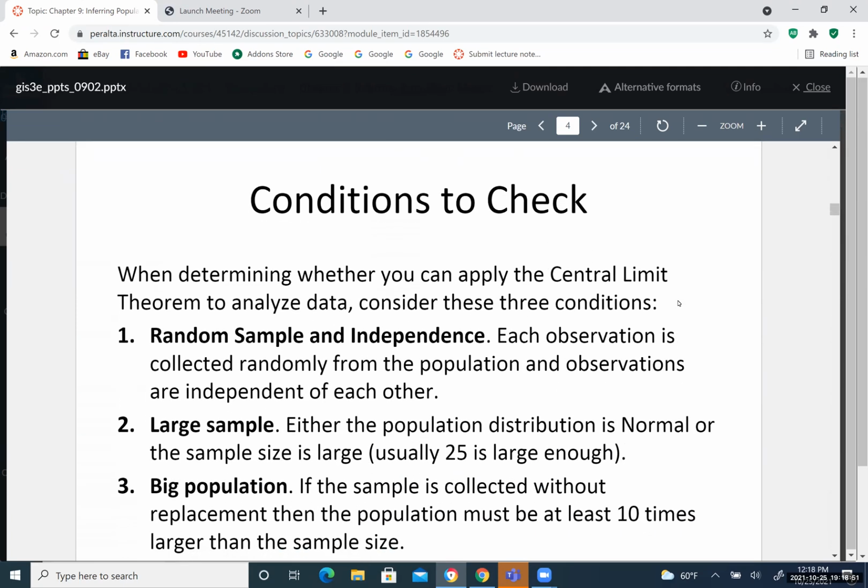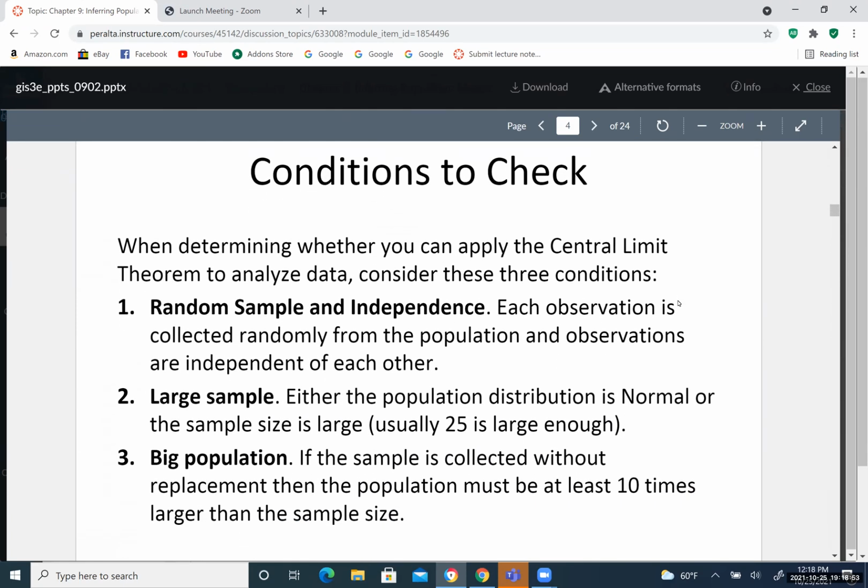Sometimes people will convert the normal distribution into what we call a standard normal distribution. It means you need to convert the population mean and the standard deviation somehow, and the z-score will be involved as well.